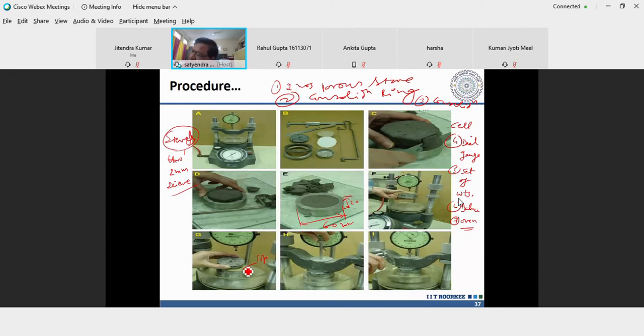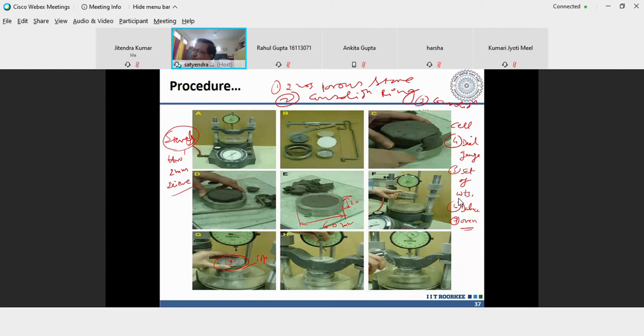Then above this top porous stone, you keep this steel plate. In this steel plate, you can see a small hole on the top, in the center of this plate. This plate is called the loading plate. And in the center of this loading plate, there is a small slot, not a hole.